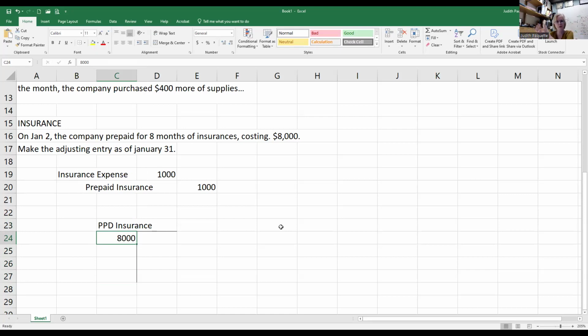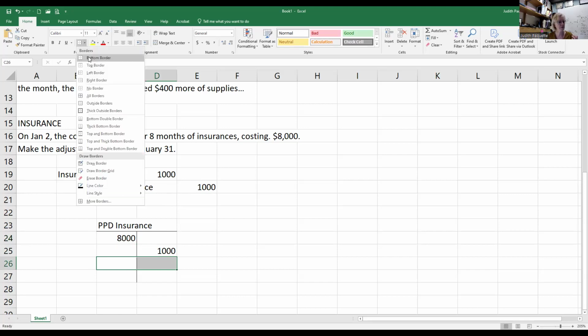Now we're saying one of those months, 1 month of this 8,000 has expired, has been used up, has been consumed, all right? So we want to take out 1/8 of that because it's 8 months for the whole policy. So we're going to take out 1,000 here. We're going to credit prepaid insurance, and that's going to leave us with 7,000.